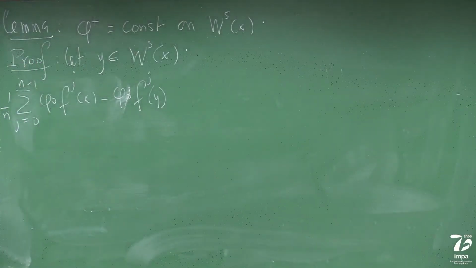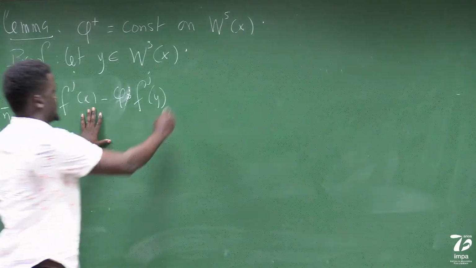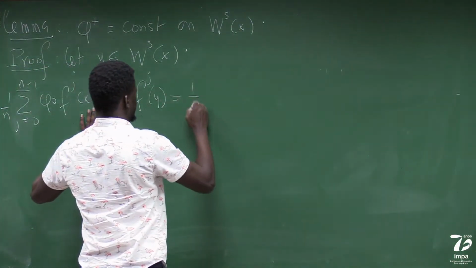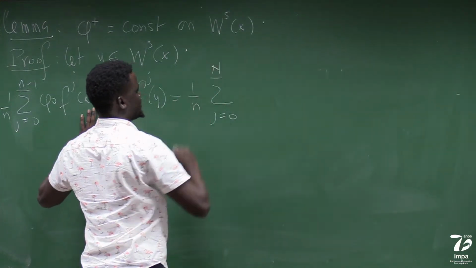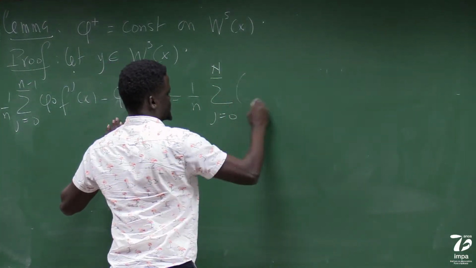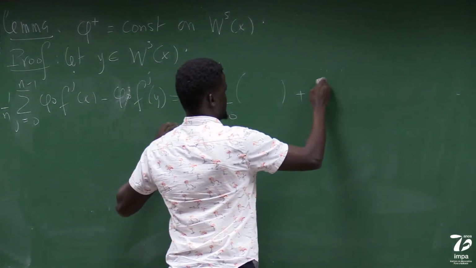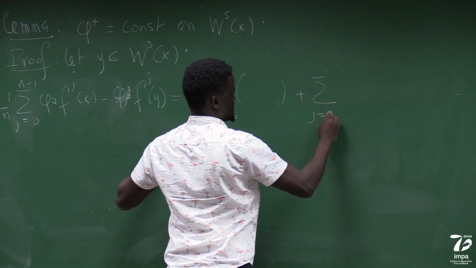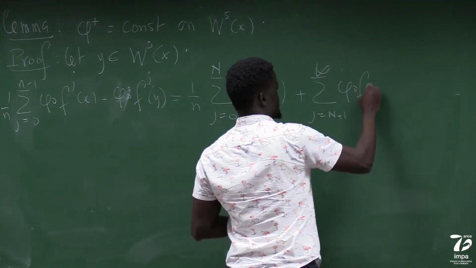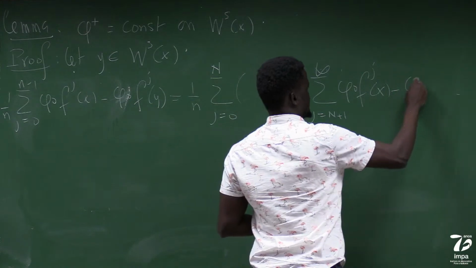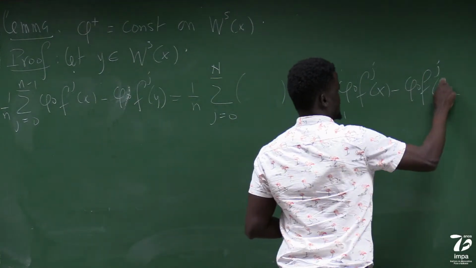Now, for j large enough, let's split this into two parts: the sum j equals 0 to N of this quantity, plus the sum j equals N plus 1 to infinity of phi composed with f^j x minus phi composed with f^j y.